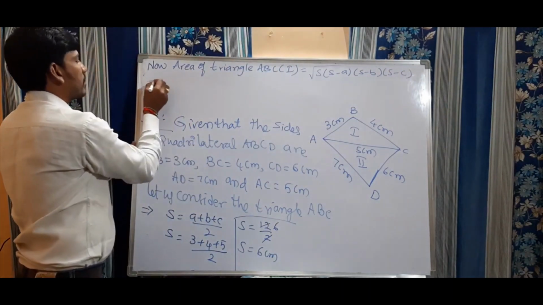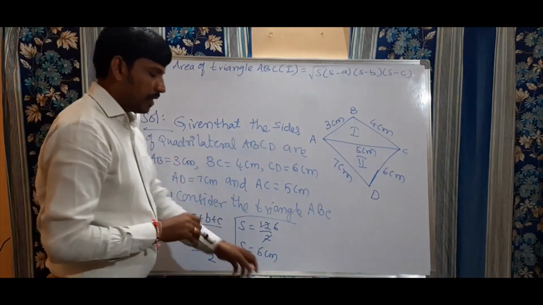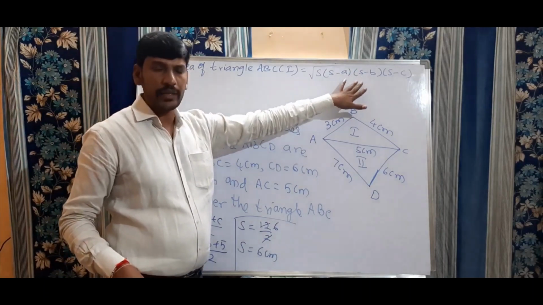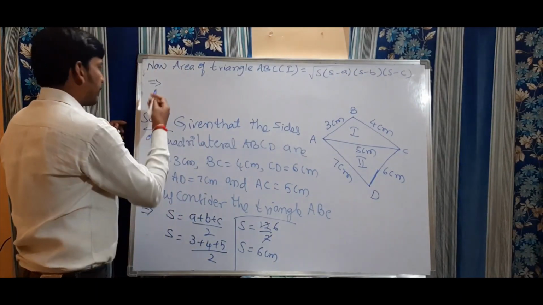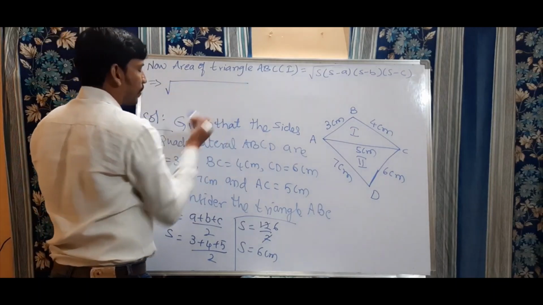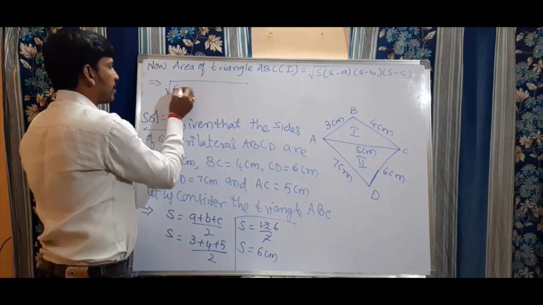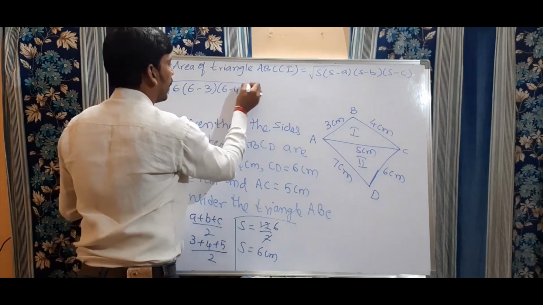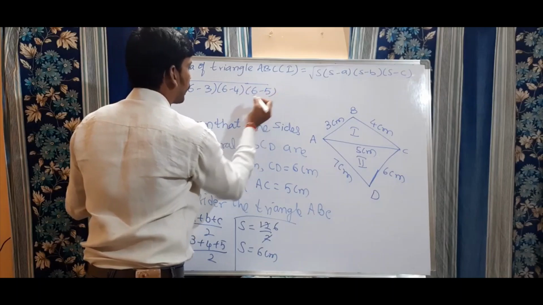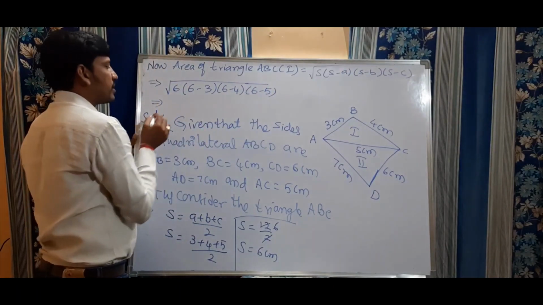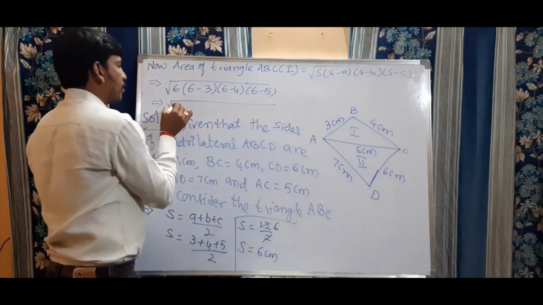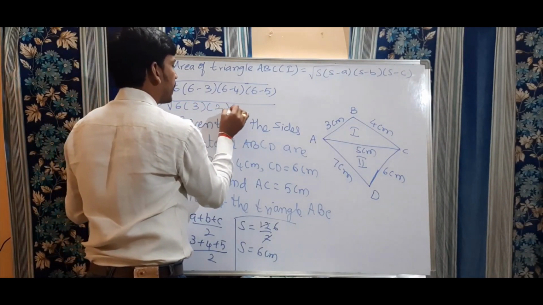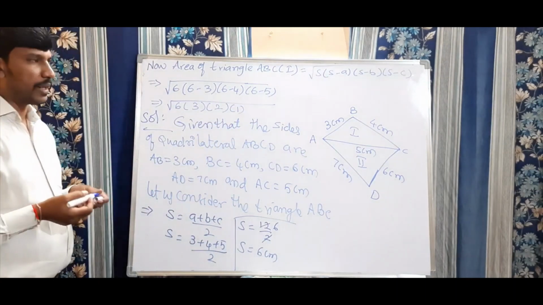Now, by applying the formula, substitute the values S, a, b, c in this formula, you will get the answer. So the square root of, S equals 6, 6 minus 3 into 6 minus 4 into 6 minus 5. Now under root of 6 into, 6 minus 3 is 3, 6 minus 4 is 2, and 6 minus 5 is 1. Is this clear, my dears?